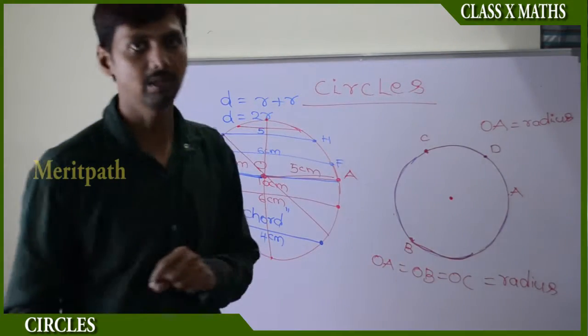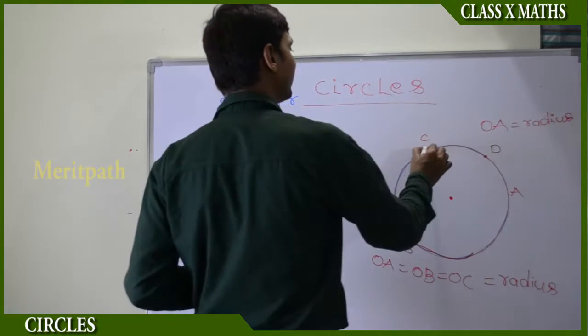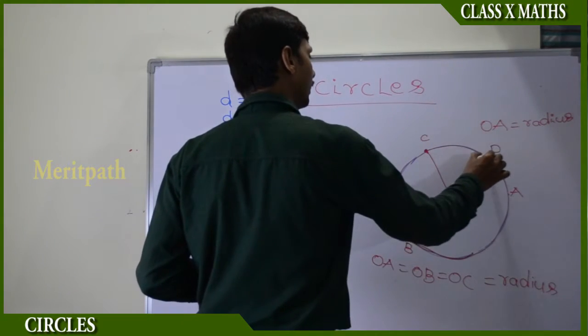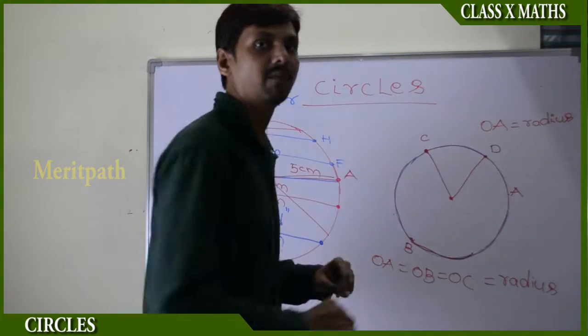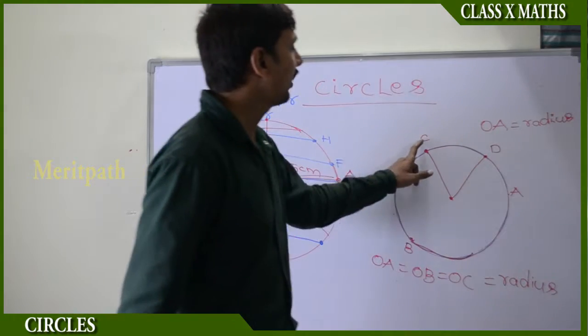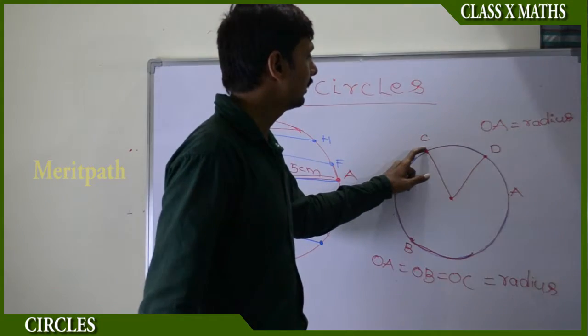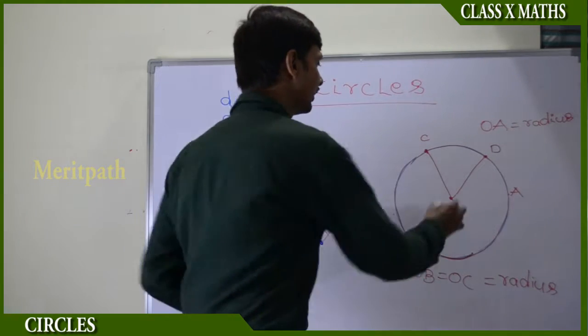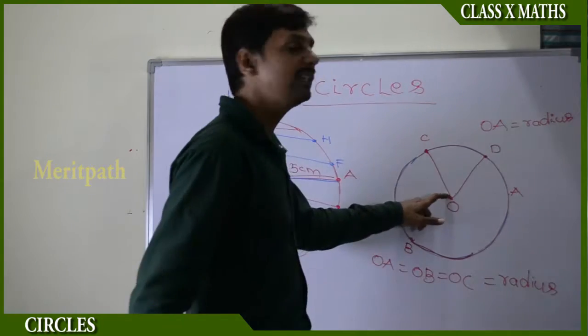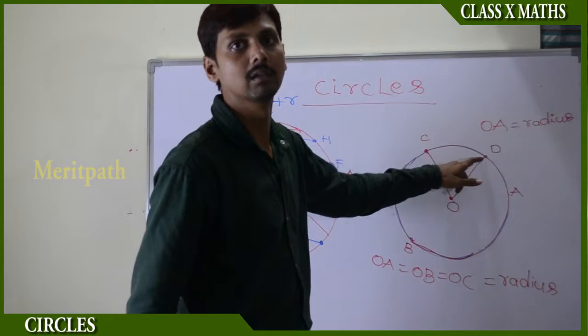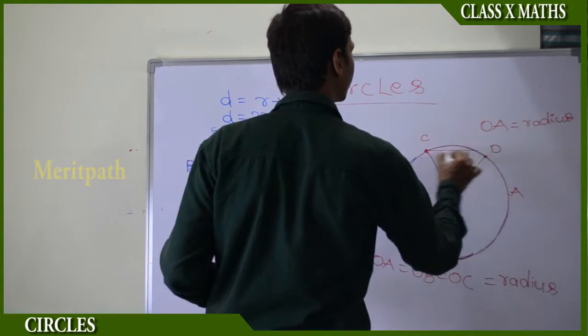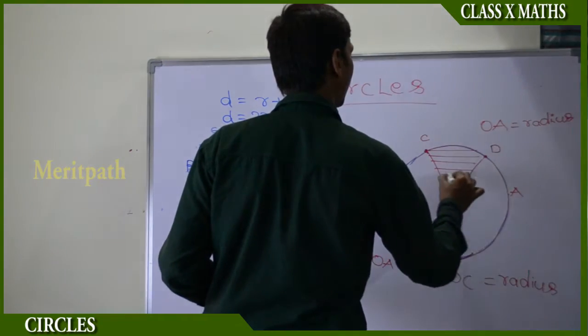We have discussed earlier, and when we join these points, any point on the circle to the radius, and the radius to another point of the circle, the region formed is called a sector.